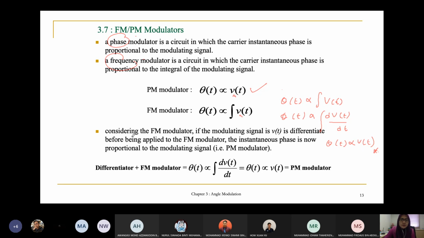So if you have a differentiator plus an FM modulator, the system actually acts as a PM modulator.